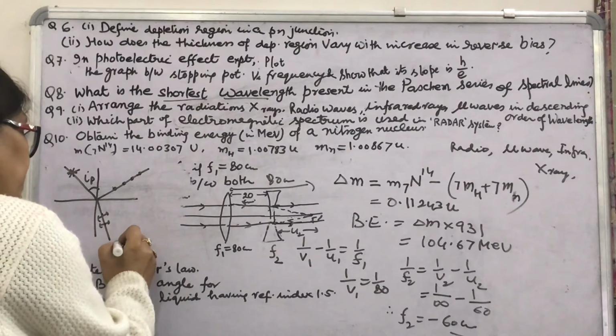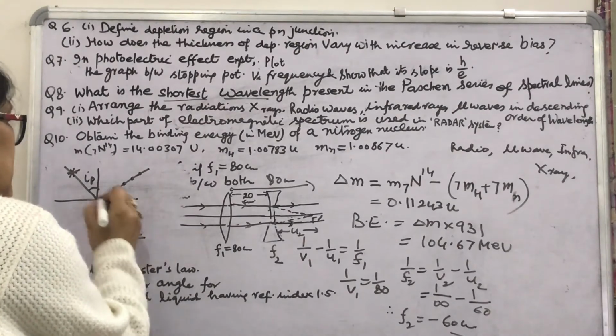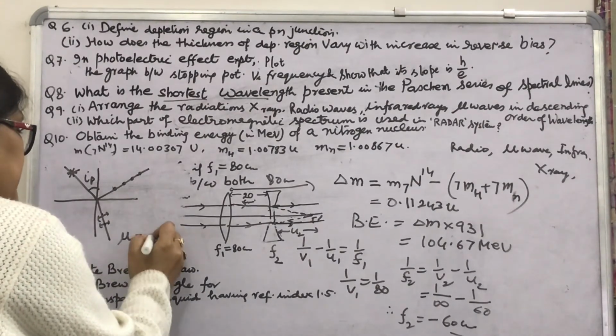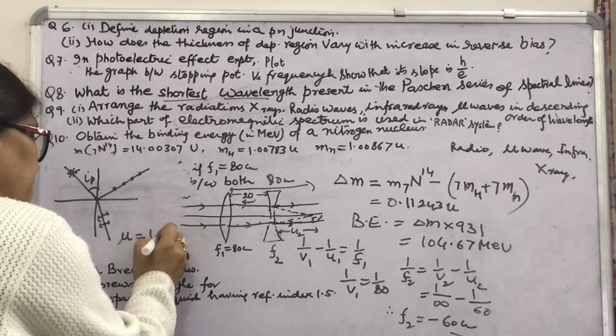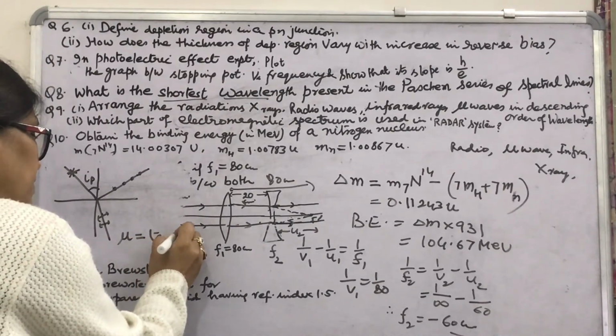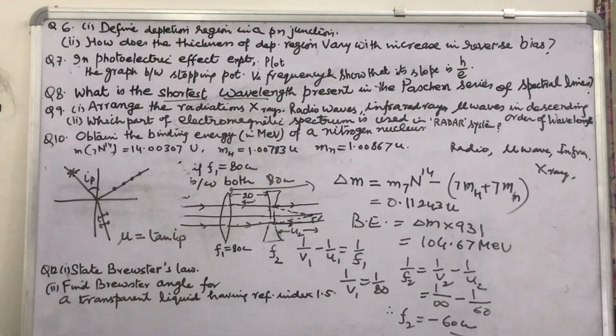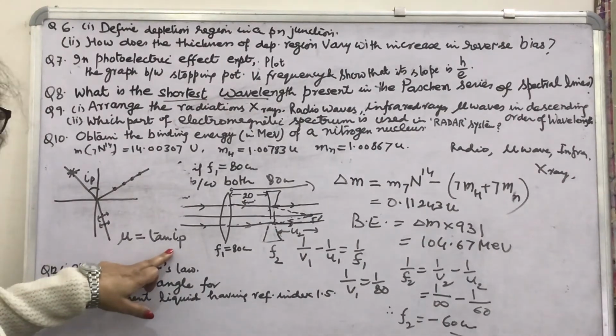So the refractive index of the transparent material is given as the tangent of the polarizing angle. This is called Brewster's law.